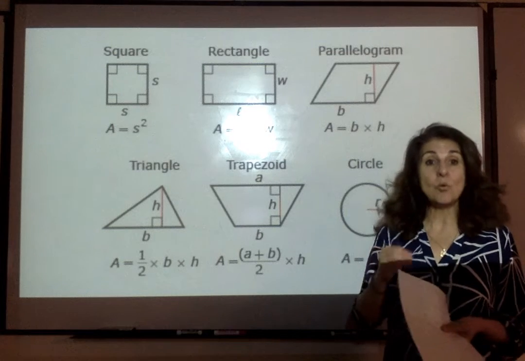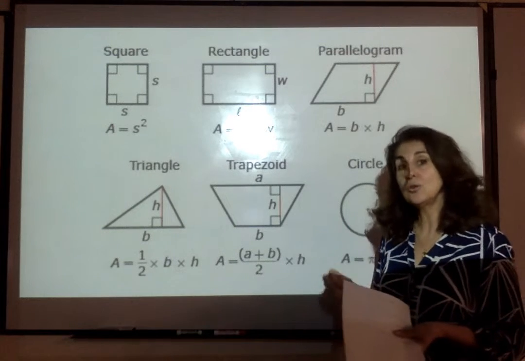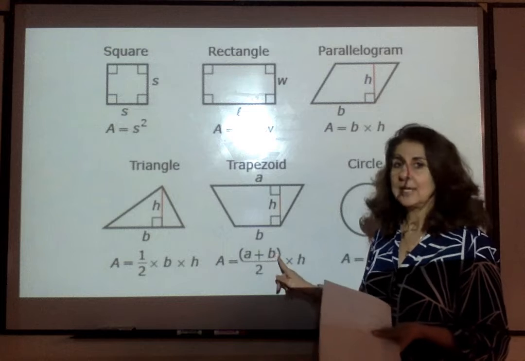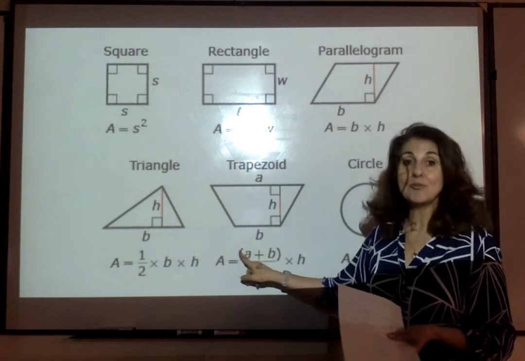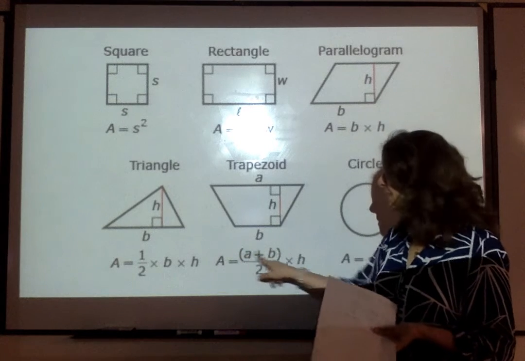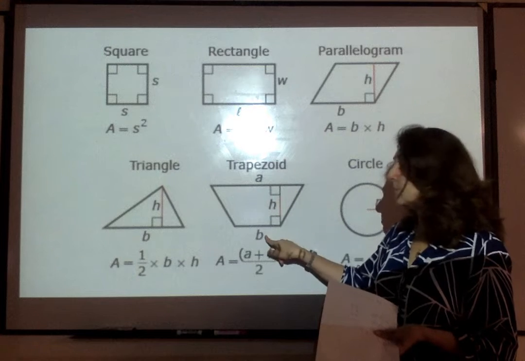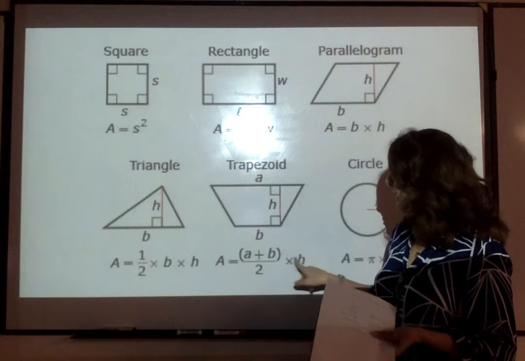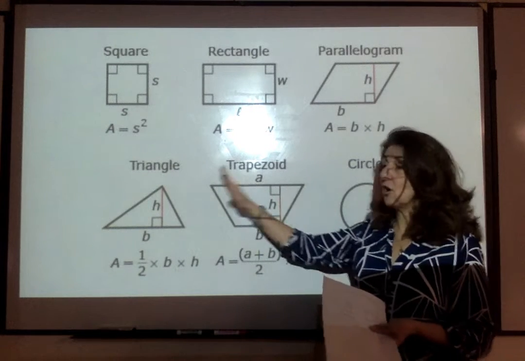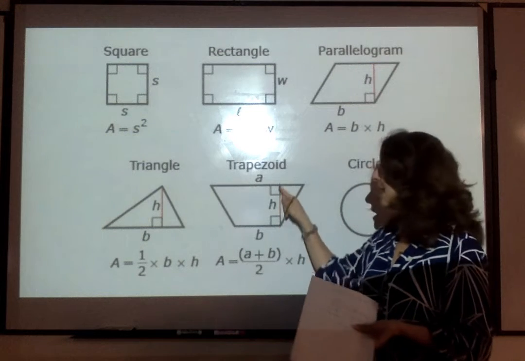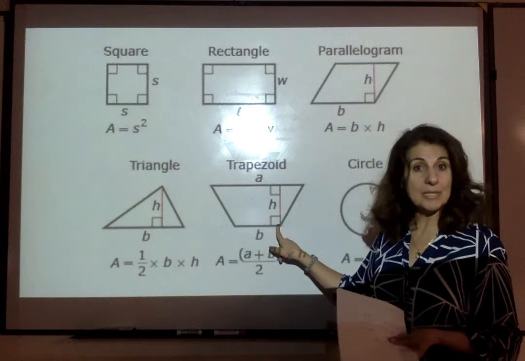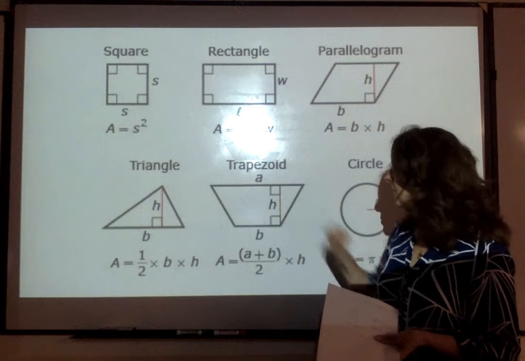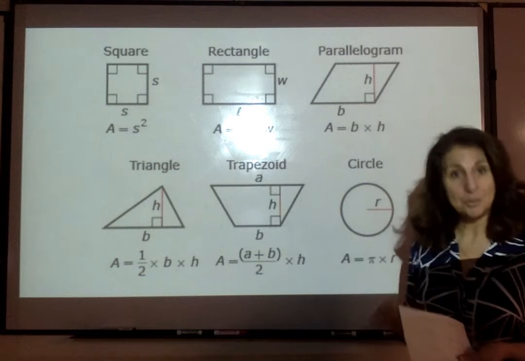What is really important is that you use the order of operations. This is inside parentheses, so you have to add the 2 bases first, big base and small base, and then multiply by the height. Remember, these are also slanted sides, so you have to find whatever's perpendicular, whatever makes the 90-degree angle. And then you divide by 2.